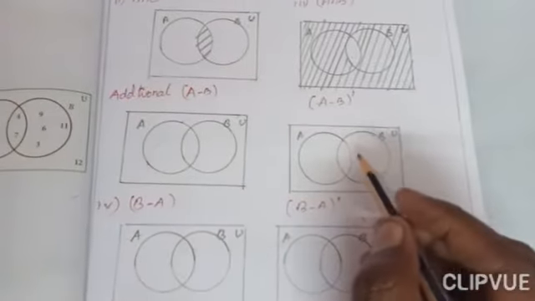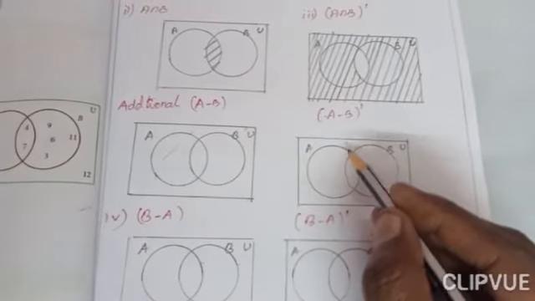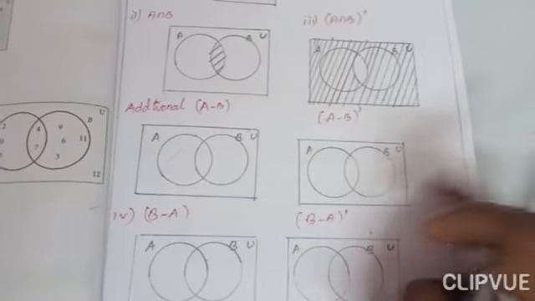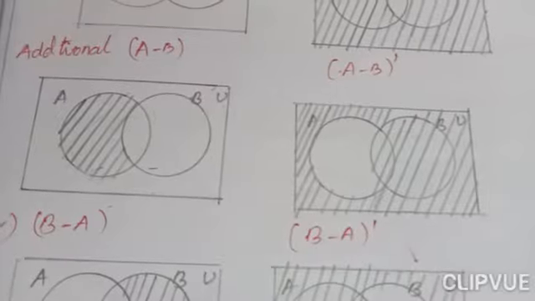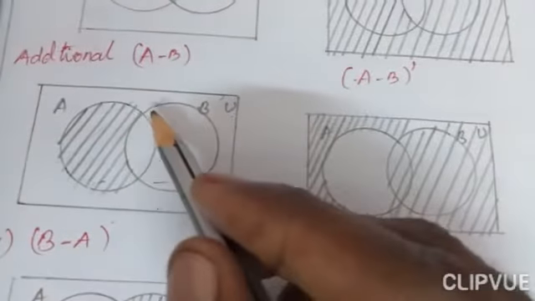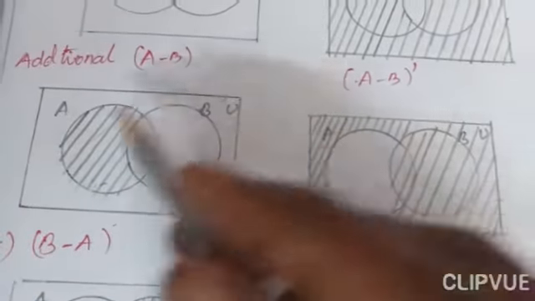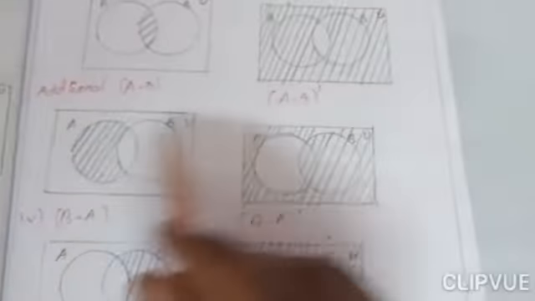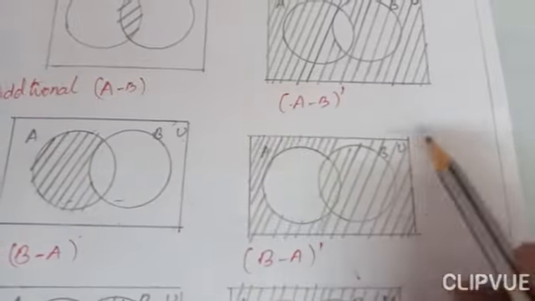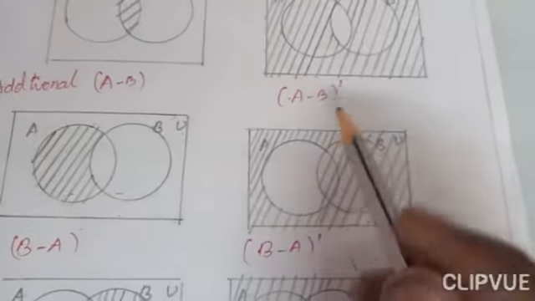In A minus B the whole dash, leave this part and you shade the remaining part of the diagram. In the A minus B case, we leave the circle B and the remaining part of A we shaded. In the A minus B the whole dash case, we didn't shade this part. The remaining part of the diagram we fully shaded. That is A minus B the whole dash.